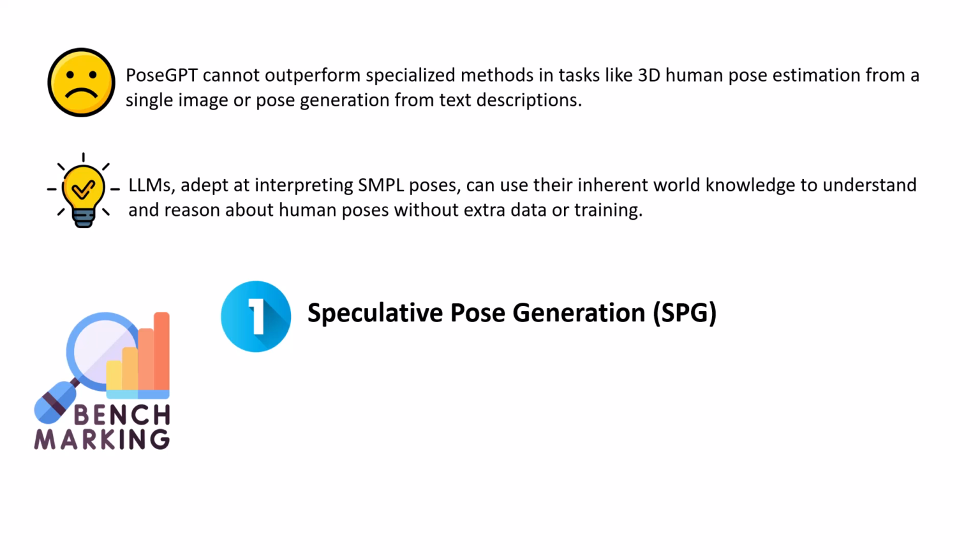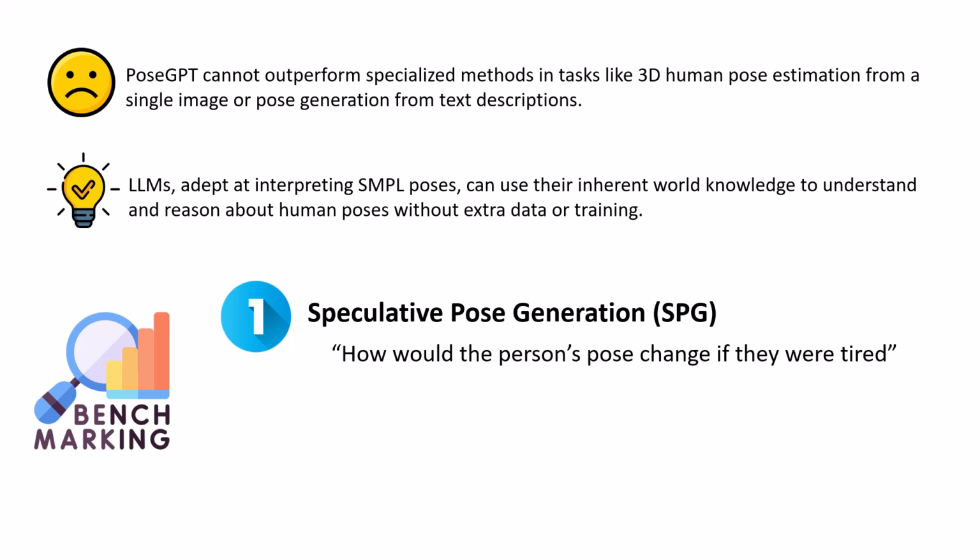One of them is speculative pose generation, or SPG, where we can ask it questions like how would the person's pose change if they were tired? Something that the other models cannot understand. But this model, since it has some understanding of what happens when people become tired, and now it has the ability to estimate and generate poses, can give us some reasonable outputs.